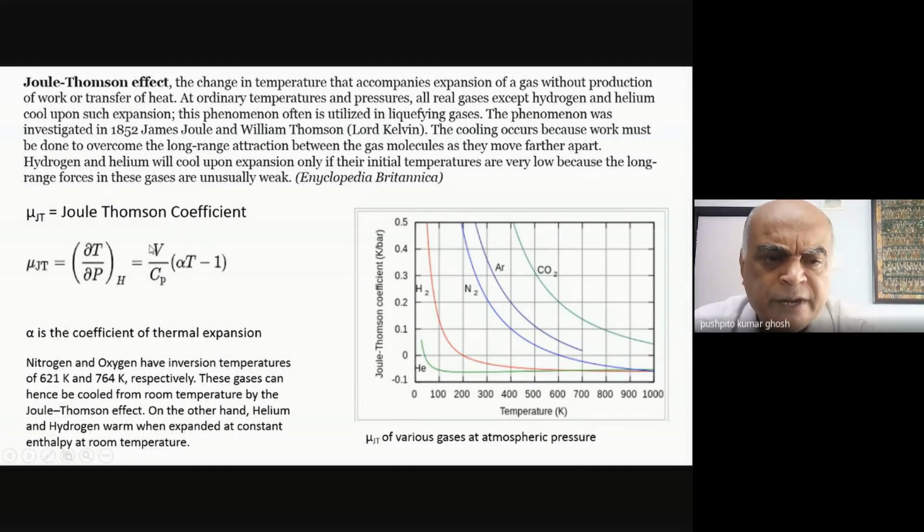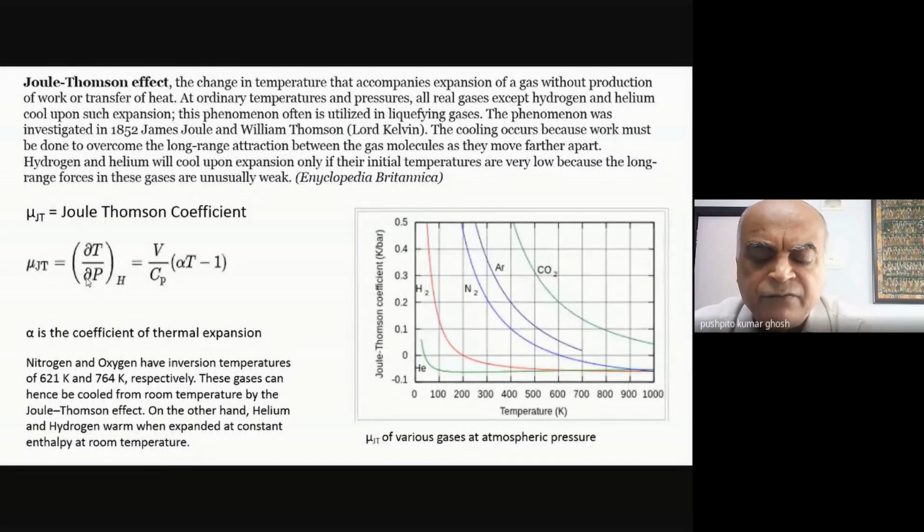It can also be written in terms of the thermal expansion coefficient and the specific heat, etc. So it can be derived. We are not really going to go into those derivations. What you also need to understand is that the change in temperature with pressure is not independent of the temperature and pressure. So there is a relationship.